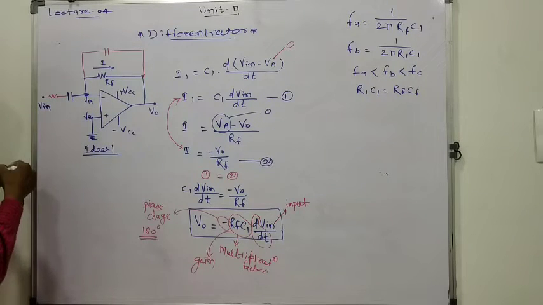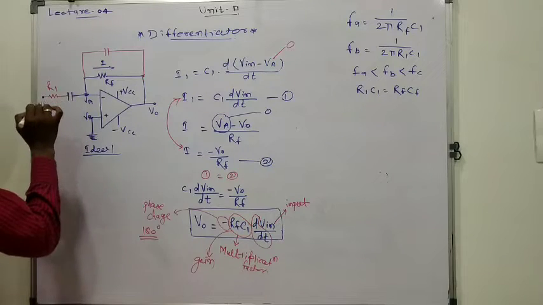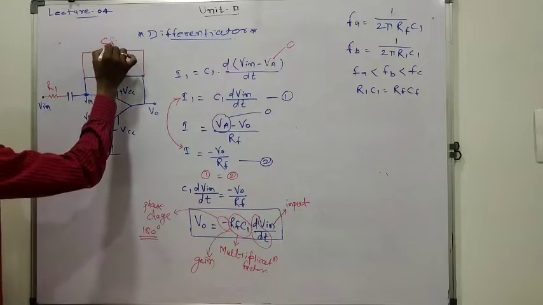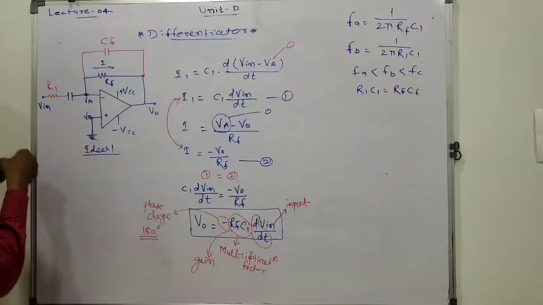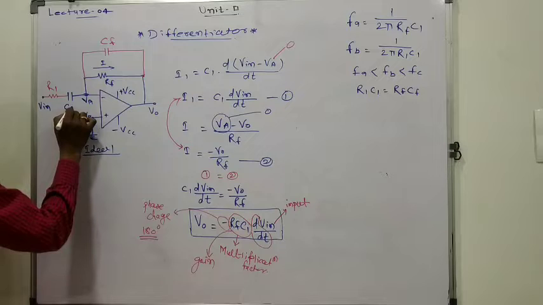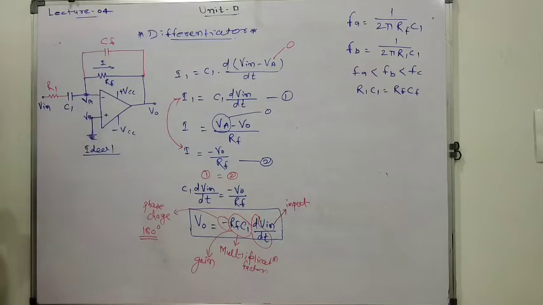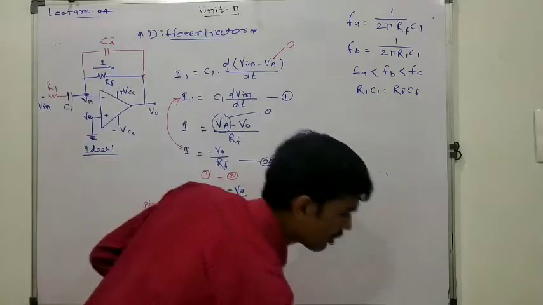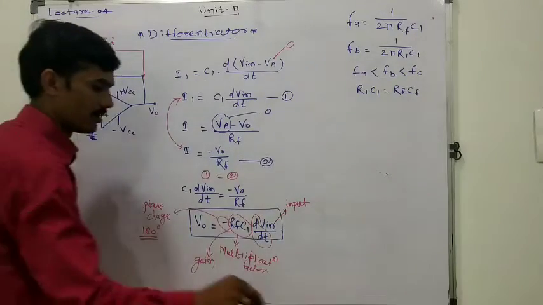This is Vin, this is R1, this is CF, this is VA, and this is C1. Now this circuit is called a practical differentiator.